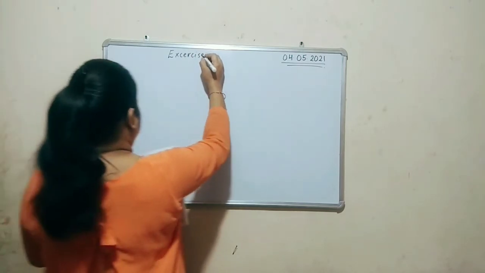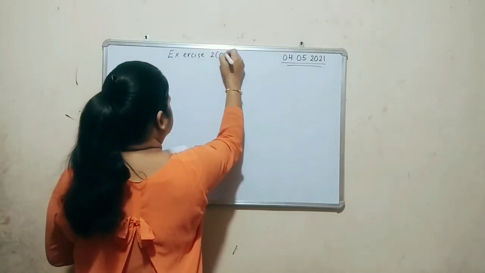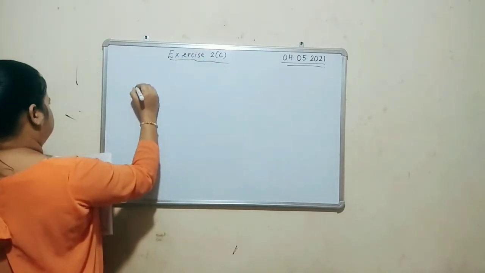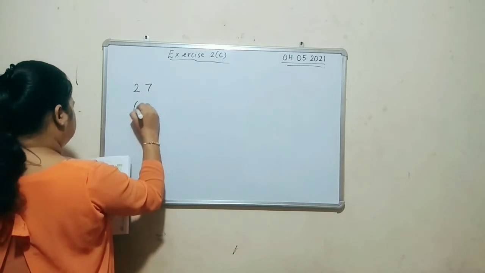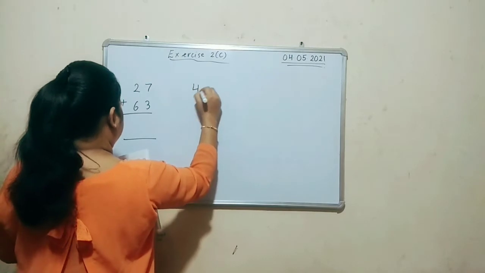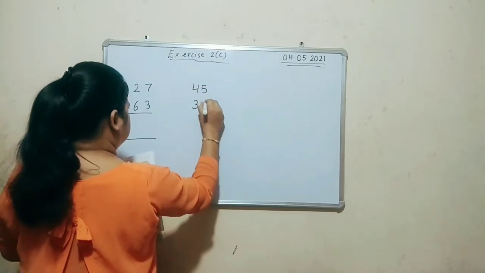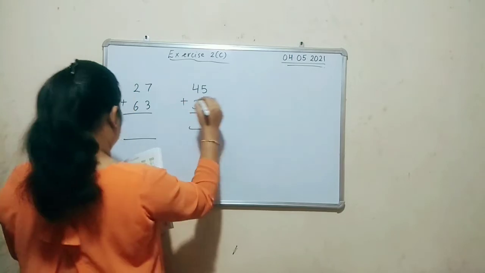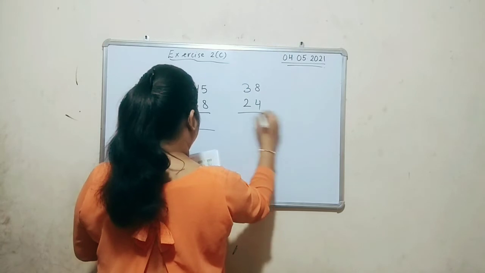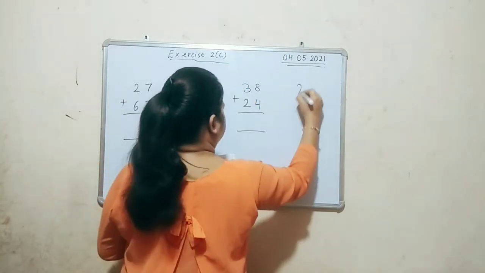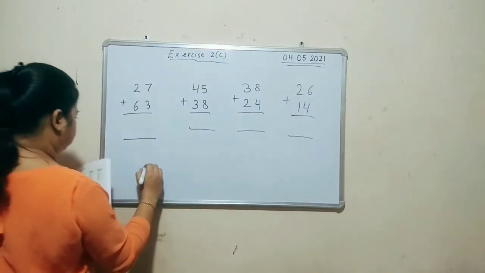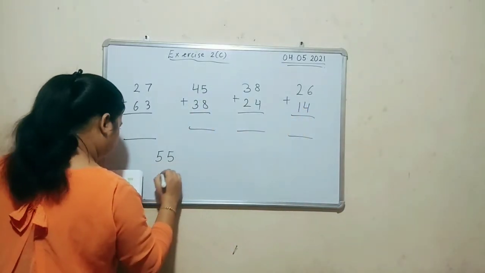Exercise 2C. 27 plus 63, 45 plus 38, 38 plus 24, 26 plus 14, 55 plus 19.